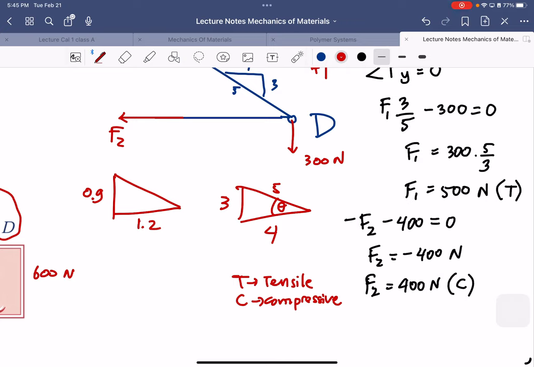But if you want to have more elaboration on C and T as well, fine. So F2 is actually compression, F1 is tension. And I think it's pretty logical if you see the picture.